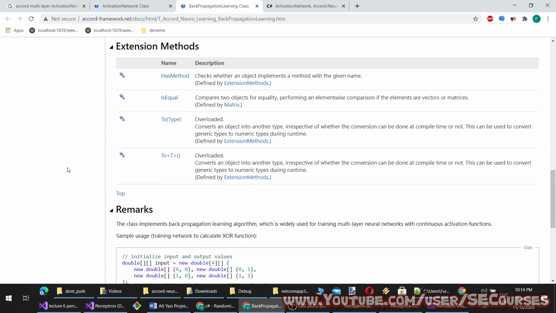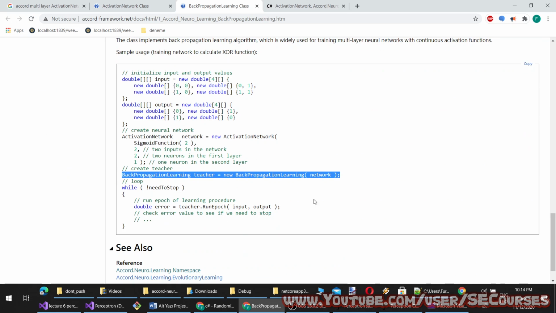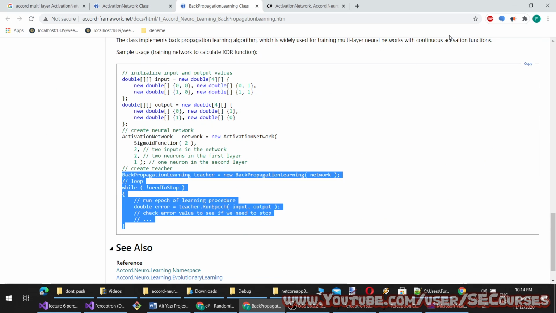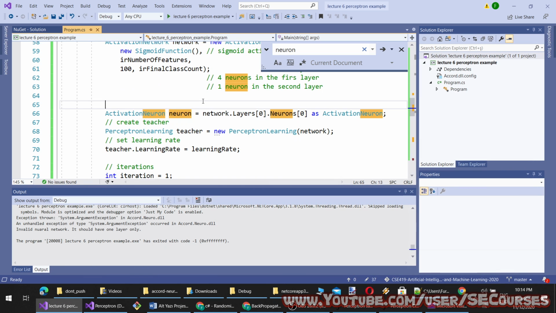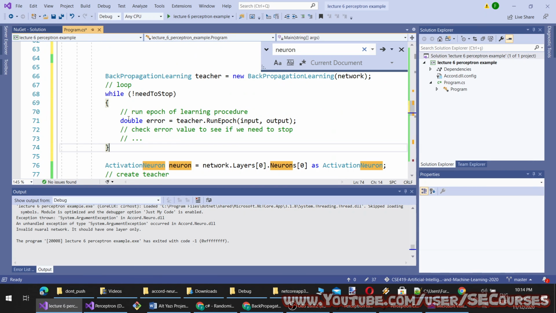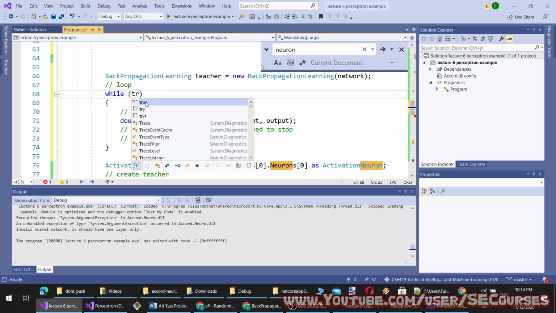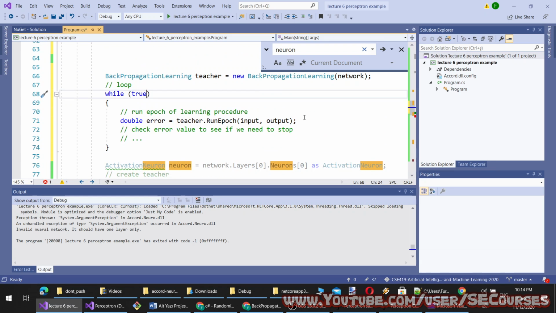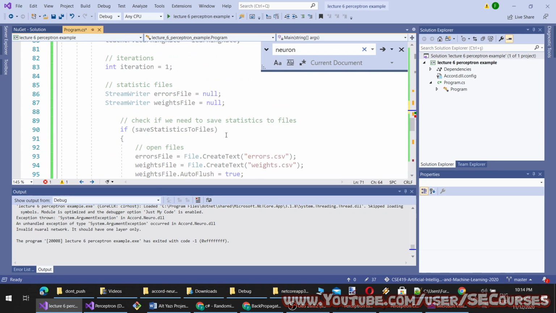So this is backpropagation learning. What if we use this? I wonder that. Let's see it. While true, I'm going to print this to the screen.